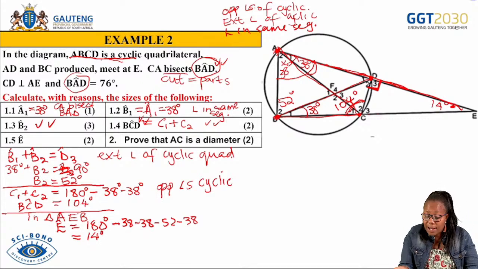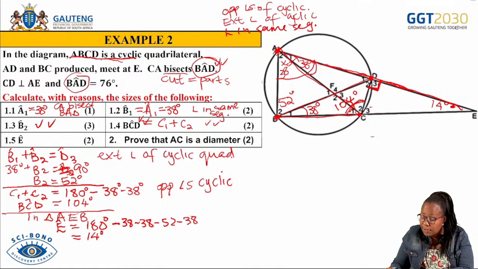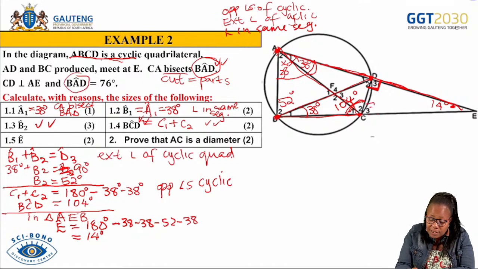And then one other way: you may start by calculating C3 there and decide to use triangle DCE. If you decide to use DCE, you must start by calculating C3. C3 is forming a straight line with C1 and C2. So you take 180 of a straight line and subtract 104, grade 12, and this will give you 76 there. That is another way of finding this.